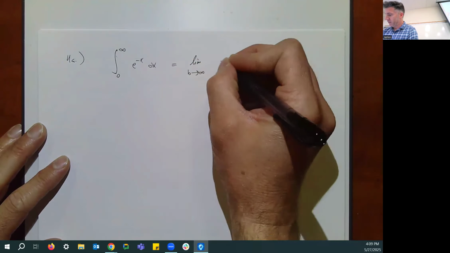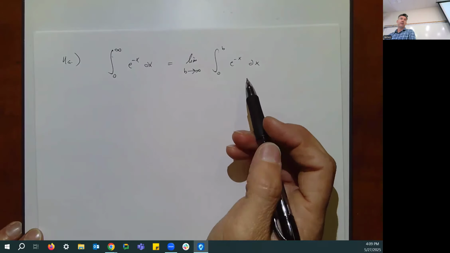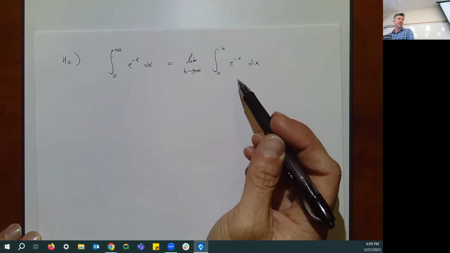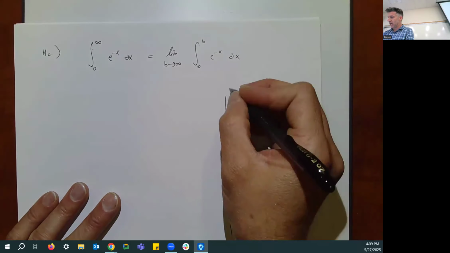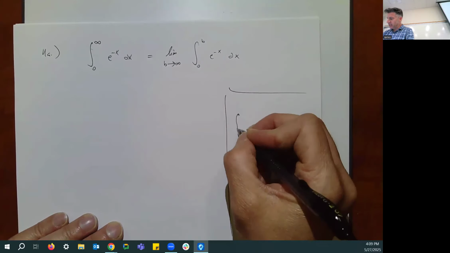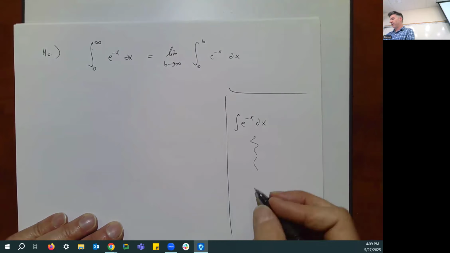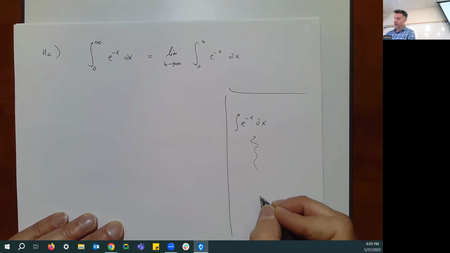In this case, this is easy to integrate. It's a one-shot integration. But if this was more complicated and required a u-sub or integration by parts, I would do that all off to the side. I do my indefinite integral, and eventually I get e to the negative x divided by -1, or negative e to the negative x.